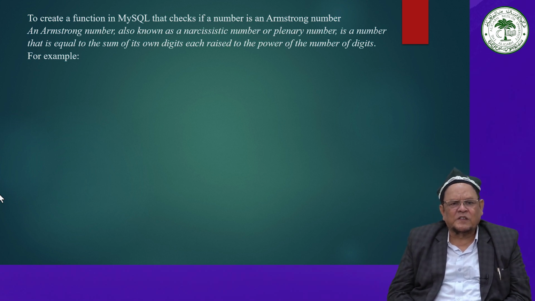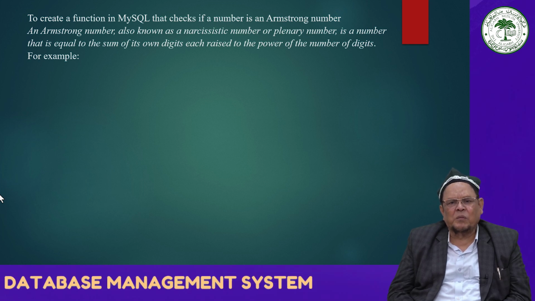Next, create a function in MySQL that checks if a number is an Armstrong number, also known as a narcissistic number or pluperfect number. It is a number that is equal to the sum of its own digits, each raised to the power of the number of digits.